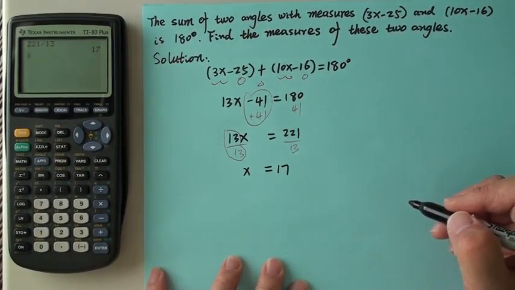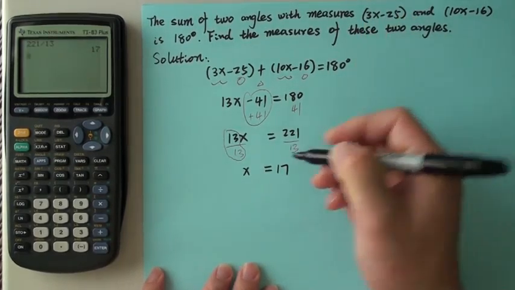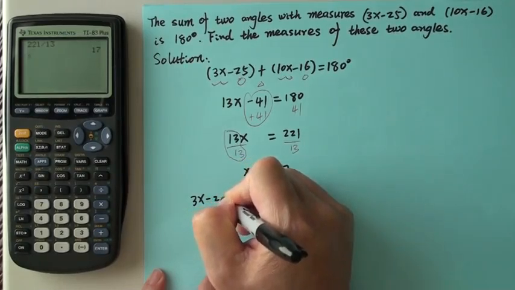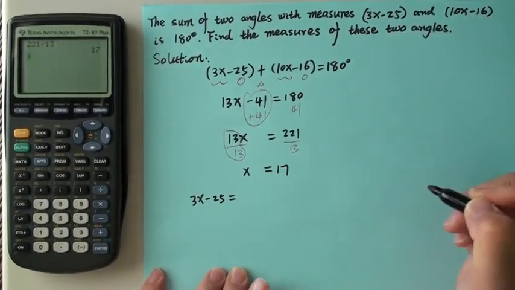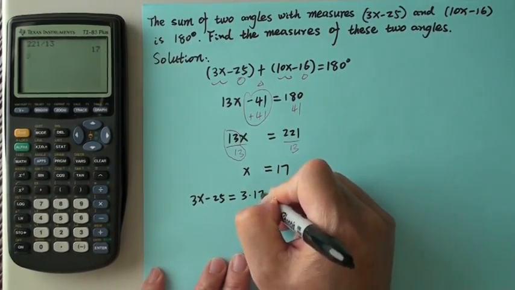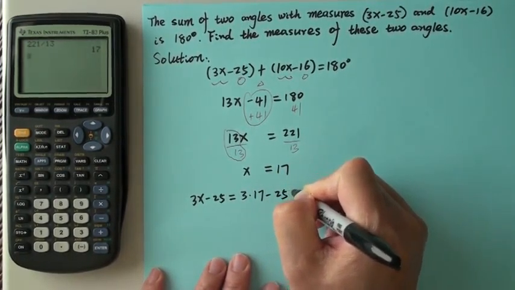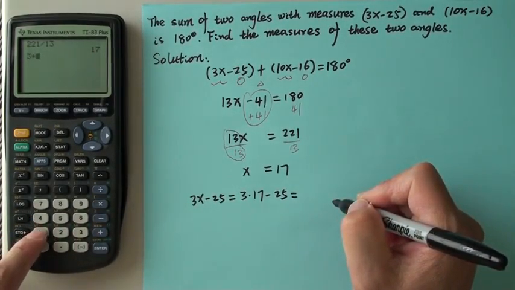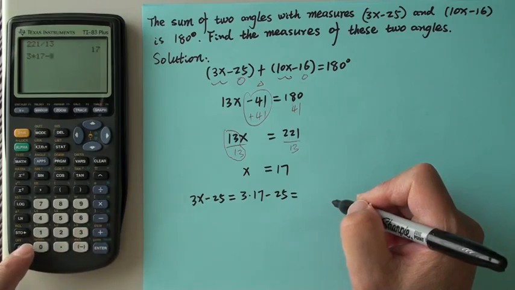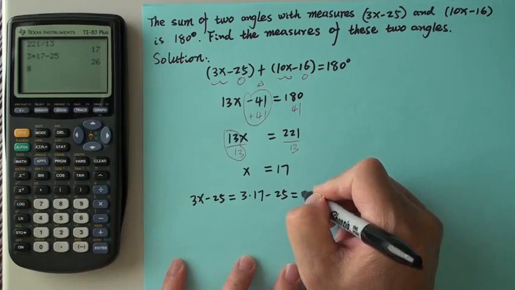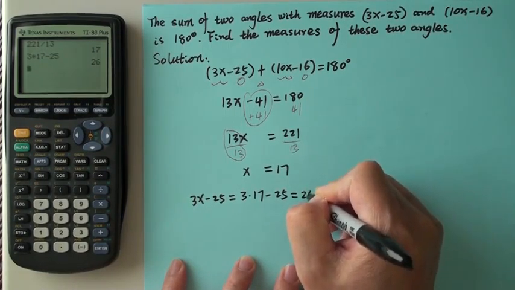We're not done yet. Why? We need 3x minus 25, which is 3 times 17 minus 25. You will then have 26 degrees.